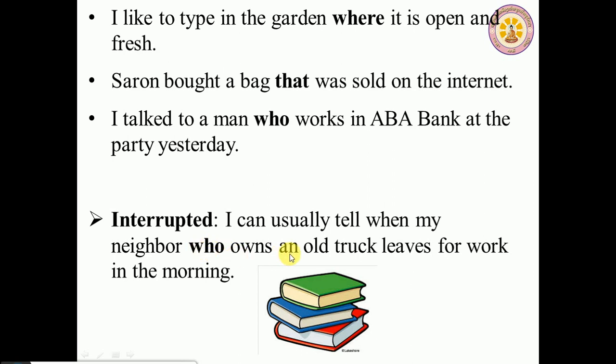That is an essential relative clause that interrupts and separates the main clause. So the main clause here is: I can easily tell when my neighbor leaves for work in the morning. And the essential relative clause is: who owns an old truck.